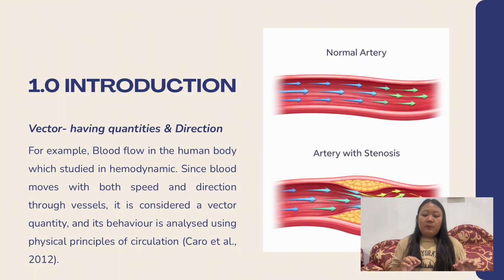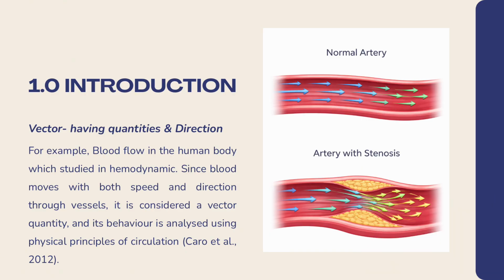Since blood moves with both speed and direction through vessels, it is considered a vector quantity, and its behavior is analyzed using physical principles of circulation. We can see the behavior of blood flow on the image we have on the slide for a normal artery and an artery with stenosis, that we will go through together later in the slides.